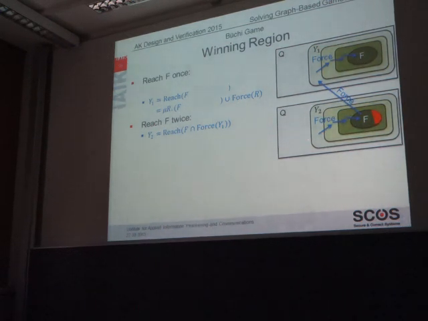Because this way, when we reach this green part, F intersected with force of y1, this means that we can go on to y1, and from y1 we already know that we can reach F a second time. So this we can use to compute the set of more states from which we can reach F twice. And again, we can just substitute here the formula that we had for solving reachability games. Good. Now what about reaching F three times?